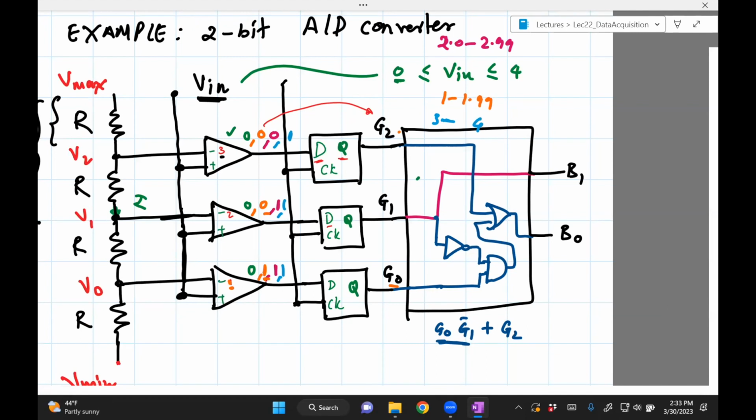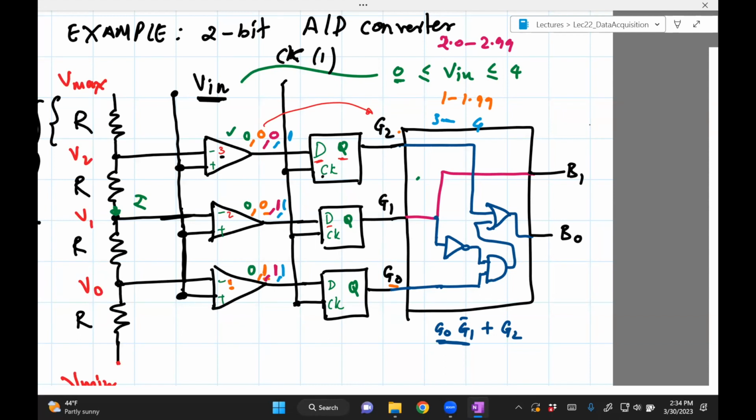So even though it's 2 bits, we were able to convert to B0 and B1 in just 1 clock cycle. This clock cycle, which is here, used only a single time step, because we had added these flip-flops and op-amps in parallel.